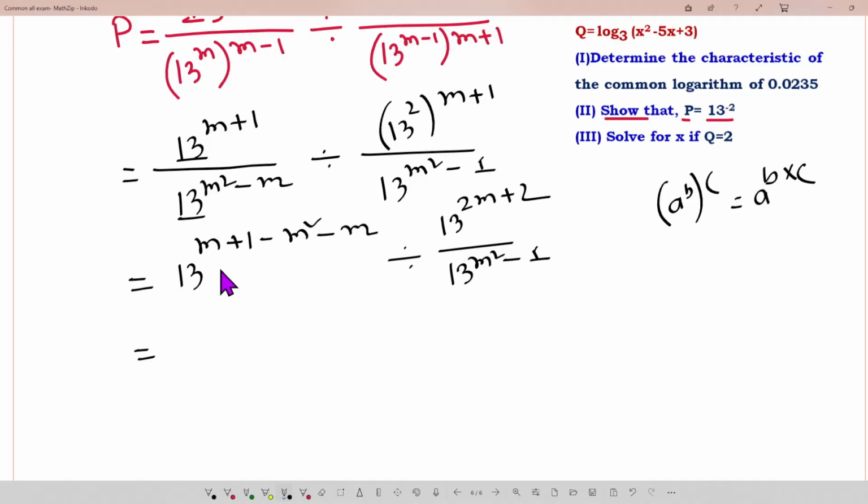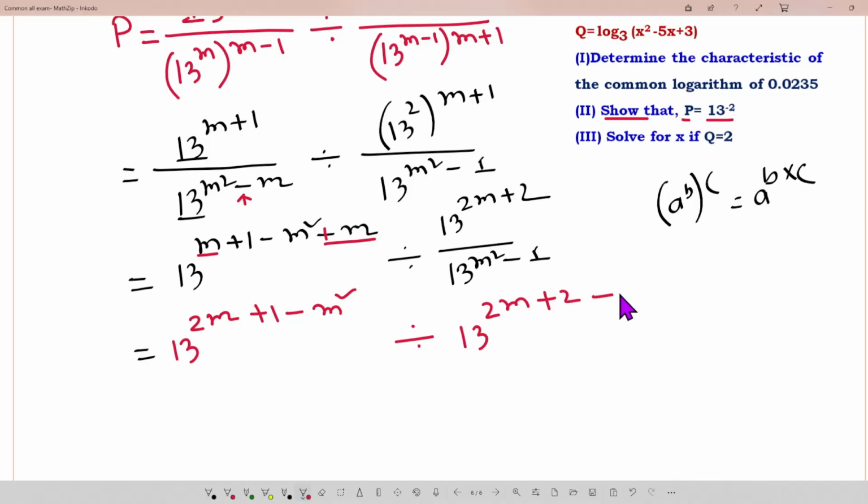Next, look, we made a mistake, it will be plus because here is a minus sign. So here is 13 to the power m plus m, it means 2m, plus 1 plus m square, divide 13 to the power 2m plus 2 minus m square plus 1.